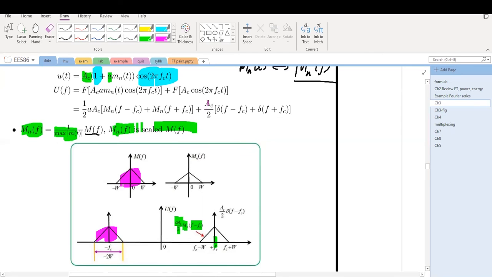And then plus this. That's the delta function sitting at f_c with magnitude A_c divided by 2. Same thing here. So you can see from the spectrum that the carrier is transmitted here. What's the bandwidth of the modulated signal? You can see here, this is the bandwidth from here to here. It's 2W.